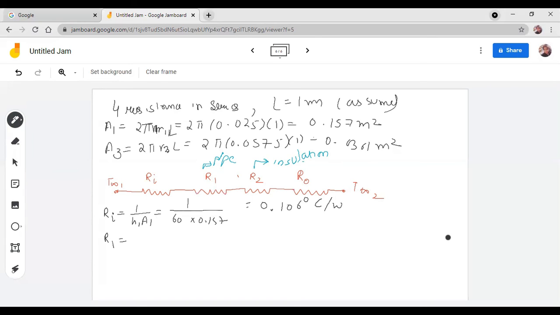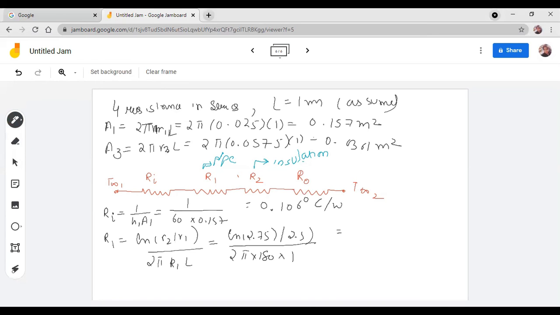R1 will be equal to ln of R2 by R1 upon 2 pi K1 L, equal to ln of 2.75 by 2.5 into 2 by 180 into 1.